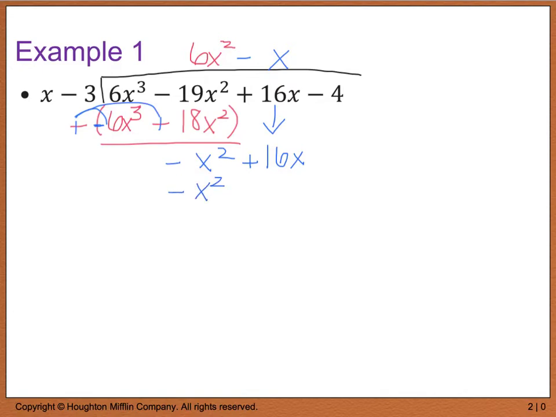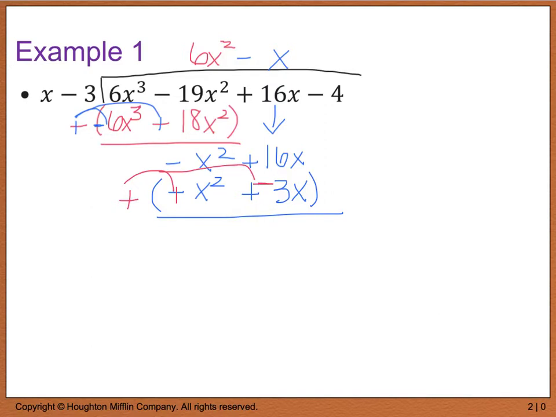Then I'm going to multiply this negative 3 by this negative x up here. So negative 3 times a negative x is going to give me plus 3x. I'm going to hug it with parentheses and slap a negative on it, make that an addition and distribute that onto everything in here.